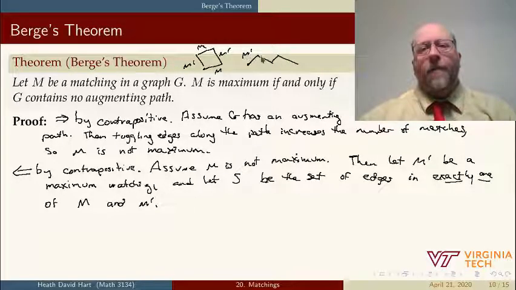M prime, M, M prime, M, M prime. I might have a cycle and an augmenting path. These alternate edges and these alternate edges. In fact, I may have multiple cycles along with an augmenting path.